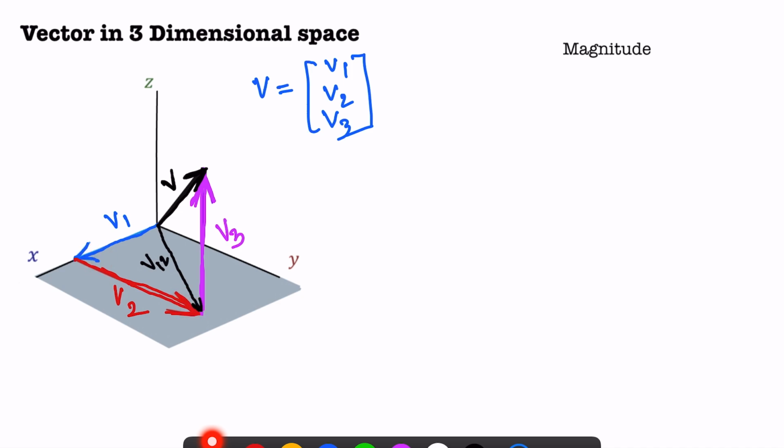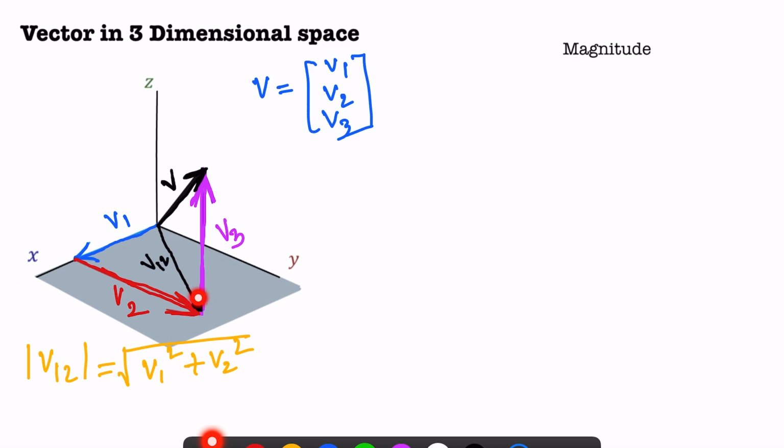So this is 90 degrees. We can compute mod of v12 as the square root of v1 square plus v2 square. Now this is the xy plane, and from this point we are moving parallel to the z-axis.